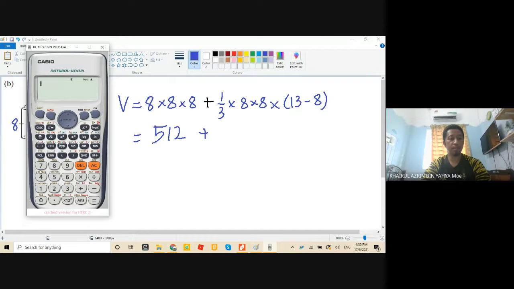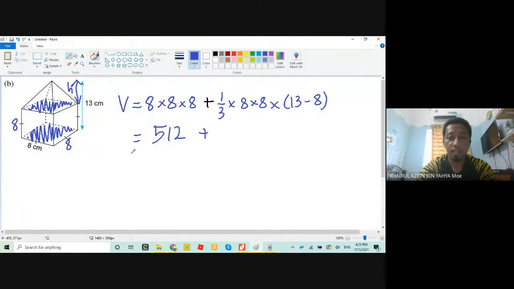For the pyramid, the volume. Okay, 1/3 times 8 times 8, and then times 5. I put 5 here, 13 minus 8 is 5. Equal, so 106.6.